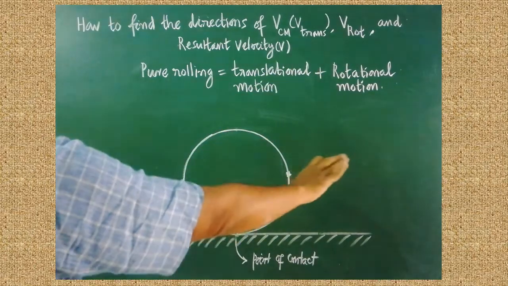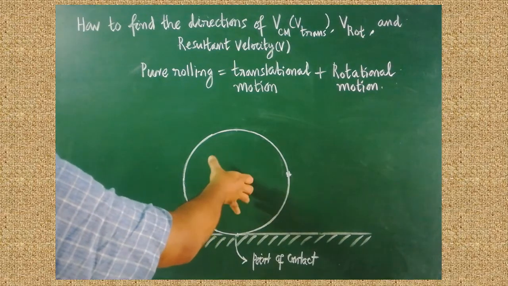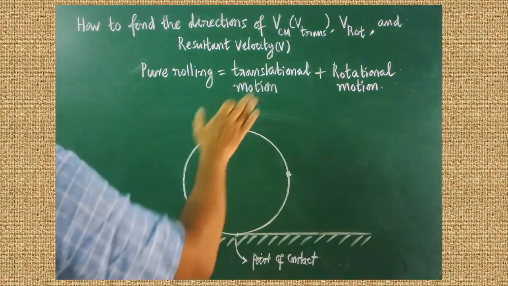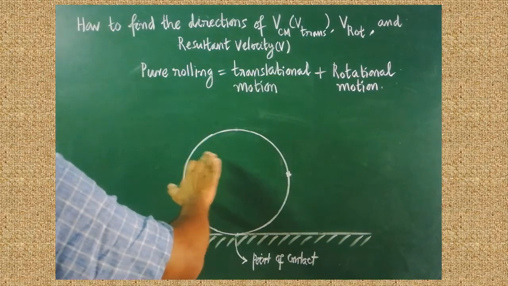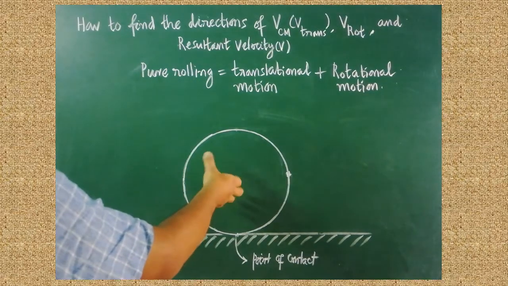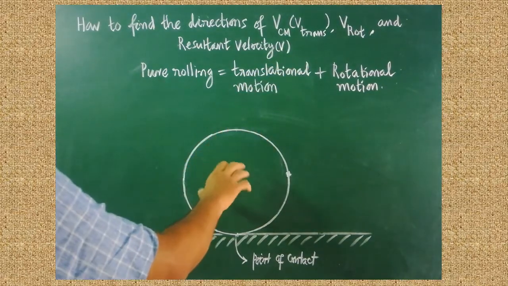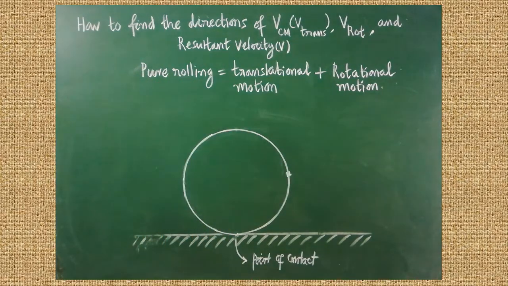Without any translational motion, if the rolling body is simply rotating at a particular position, that is called pure rotational motion. When both motions take place together, that is called pure rolling. Both translational motion as well as rotational motion have to take place together. Then such kind of motion is called pure rolling.